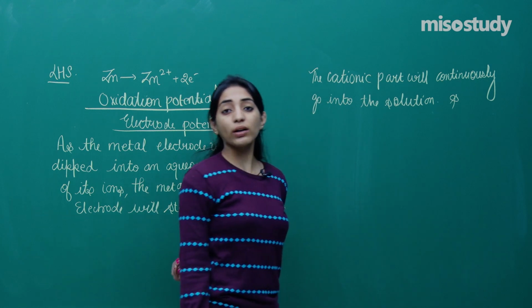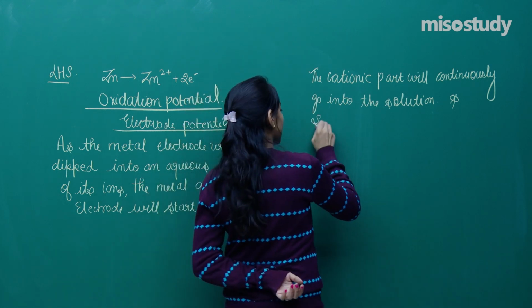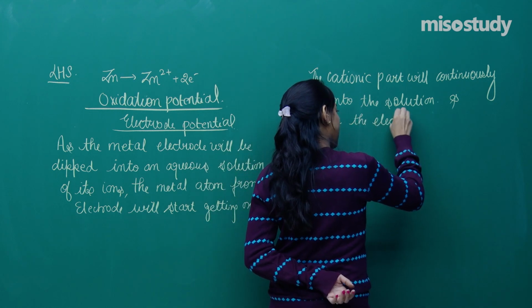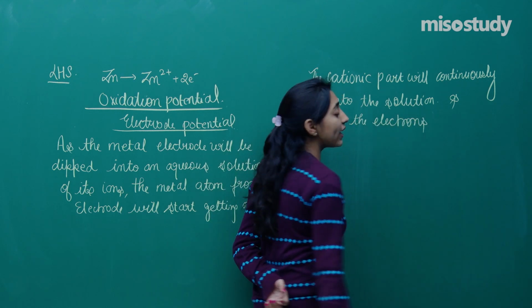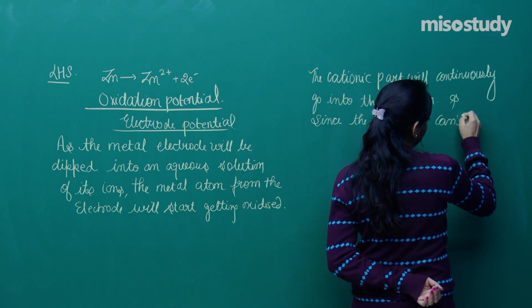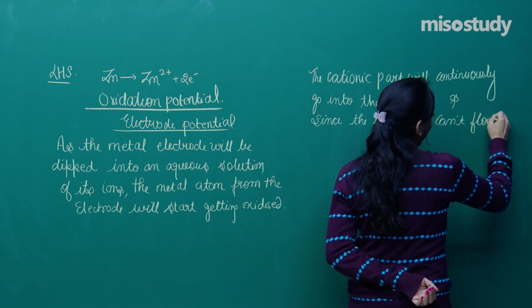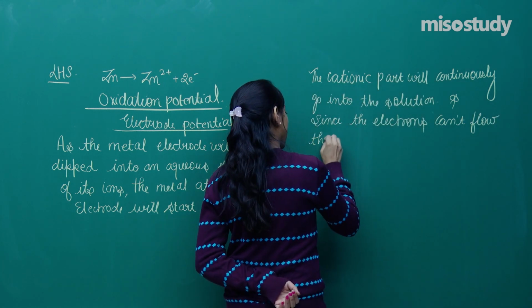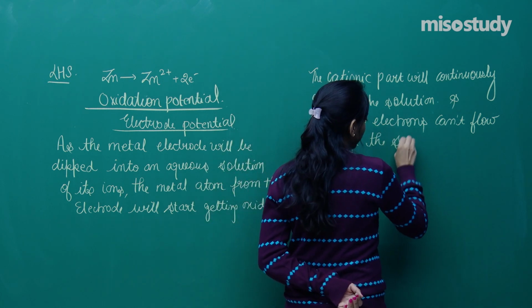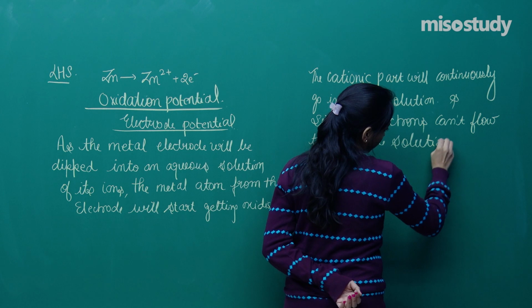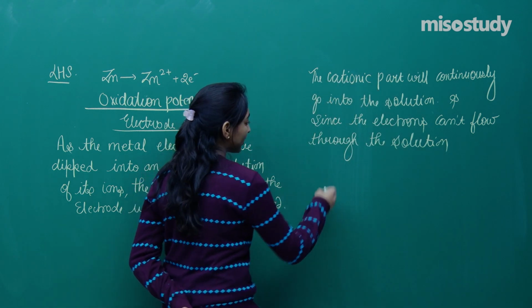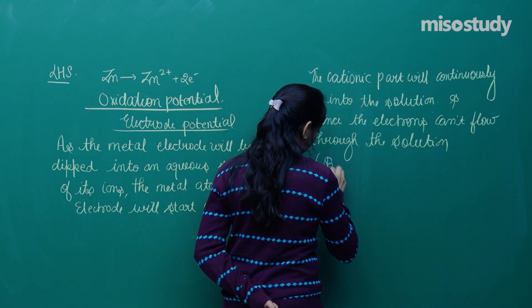And since the electrons cannot flow through the solution, why can't the electrons flow through the solution? Because of the resistance provided by the solution.